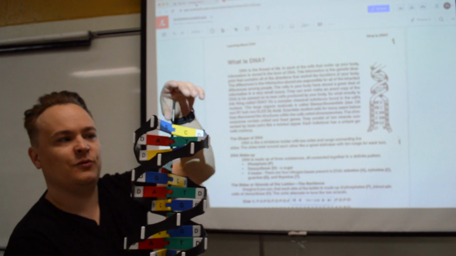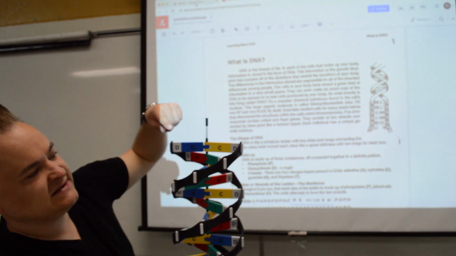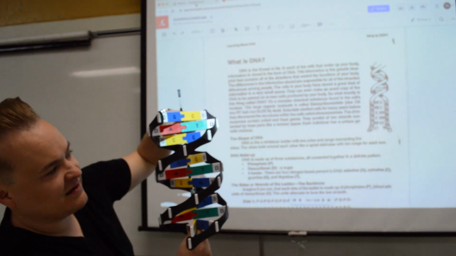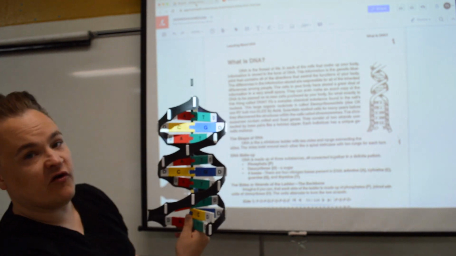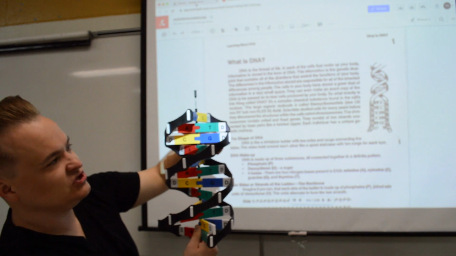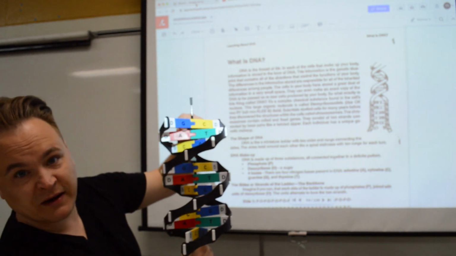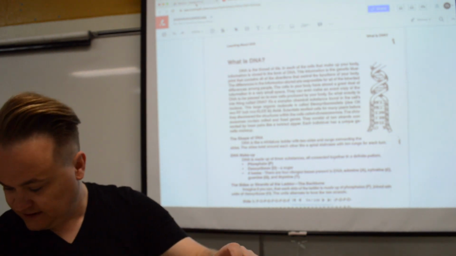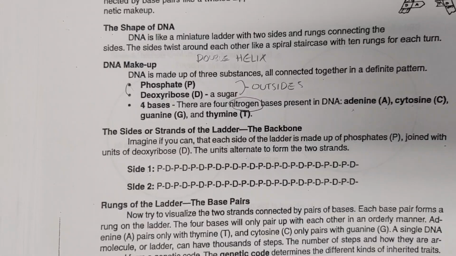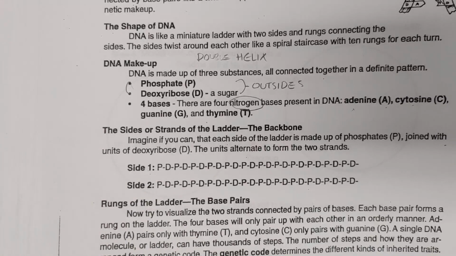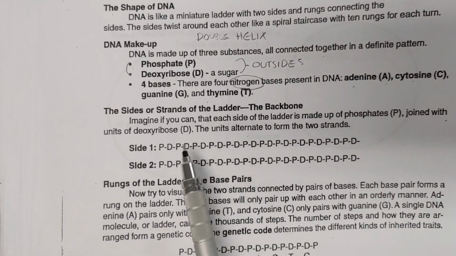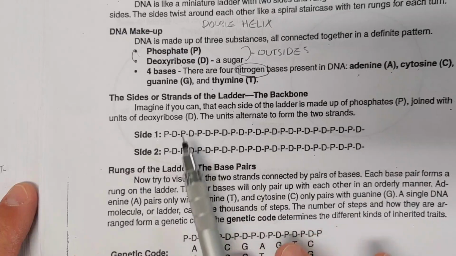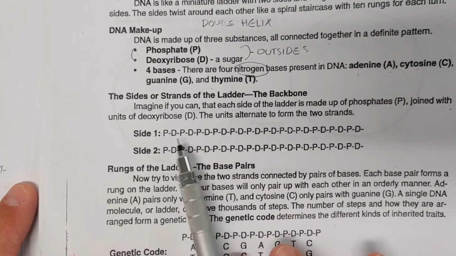And then in the middle, you have your nitrogen bases, and you can see there's G and C, which are guanine and cytosine, adenine and thymine, cytosine, guanine, and you've got to notice that C only will ever pair with G, and A will only ever pair with T, which is interesting to know as we get a little bit further into this. So you can see the backbone or the sides of the ladder of DNA are made out of phosphates and deoxyribose. So the outsides are all P's and D's.